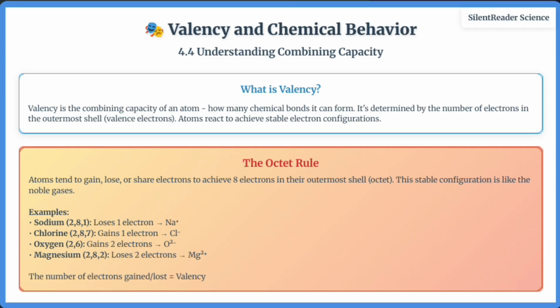For example, sodium with 1 valence electron has valency 1. Non-metals tend to gain electrons to form negative ions, so their valency equals 8 minus their valence electrons. For example, oxygen with 6 valence electrons has valency 2. Understanding valency helps us predict how elements will combine to form compounds.